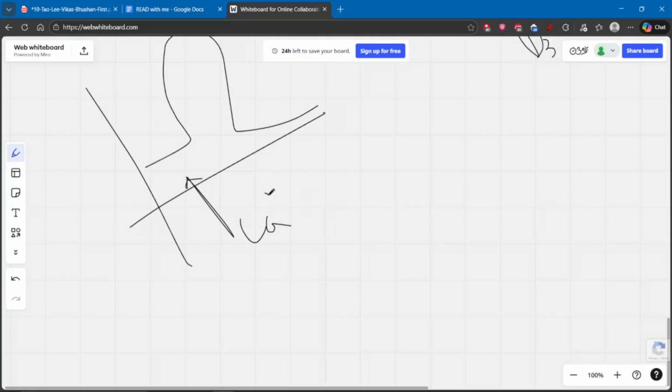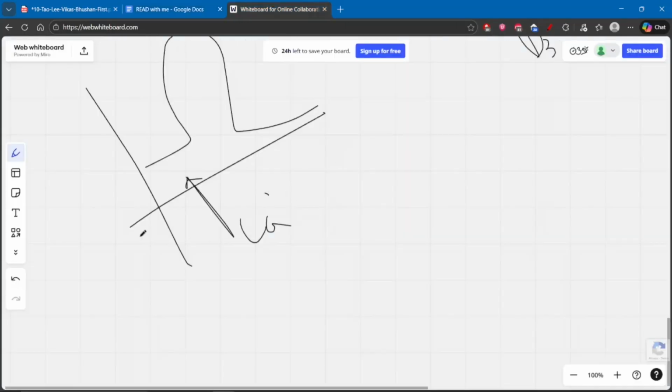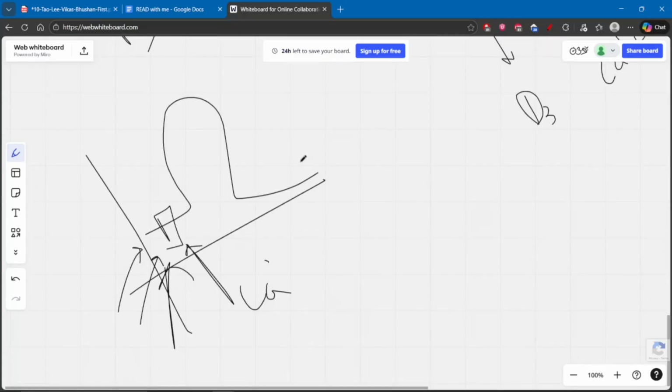So you need calcium. What happens when there is hypercalcemia, when more calcium is coming in and sticking to the channel that could start the action potential, right? So there is more calcium.